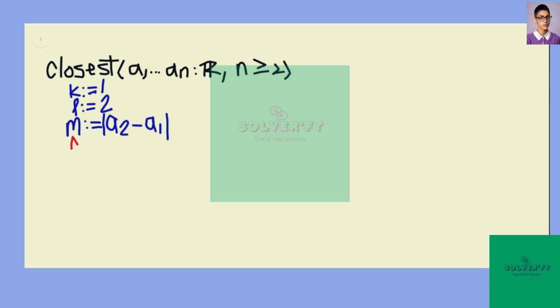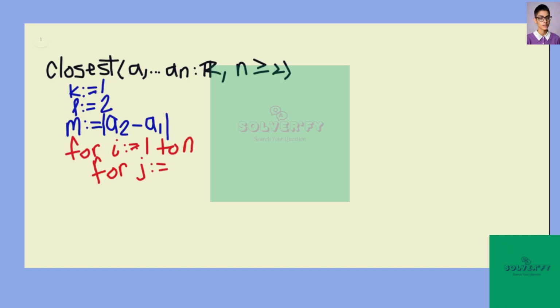So then we're going to start iterating through every possible pair in this list. So we'll have for i as it runs from 1 to n. And then we'll have a nested loop. So in this case, we'll say j.